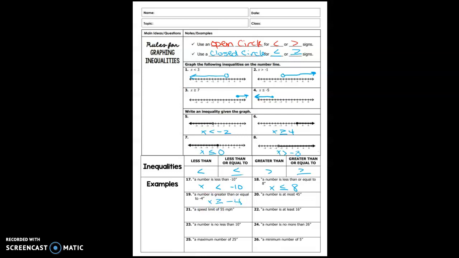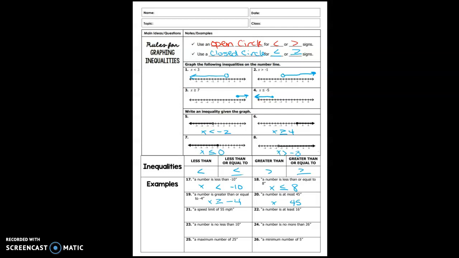On 20, if we have a number that is at most 45, that means we can't have any value greater than 45. So if 45 is the highest it could be, what sign would we need here? What possible values could it be?